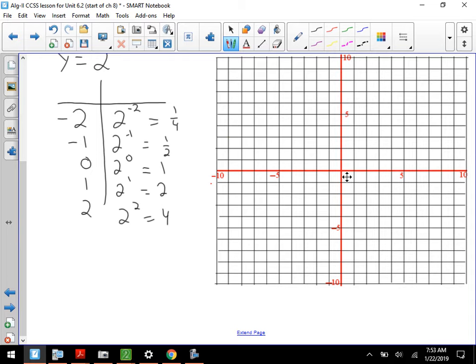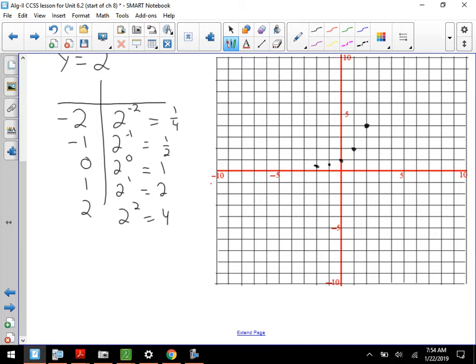And then just start plotting some points. Now watch what happens. At -2, we said it was a 4th. Then it's at a half. Then it's at 1. And then it's at 2. Now, what happens if it's 2 to the -3rd? It's 1/8, right?